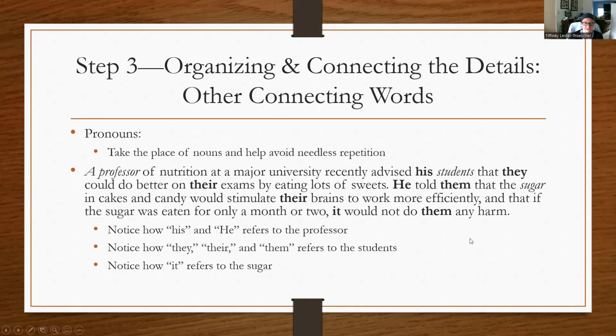Right? Pronouns all over the place in this little passage to take the place of 3 different nouns, so that we didn't have to keep saying a professor, his students, and sugar every time we needed to refer to one of them. Pronouns are very useful.